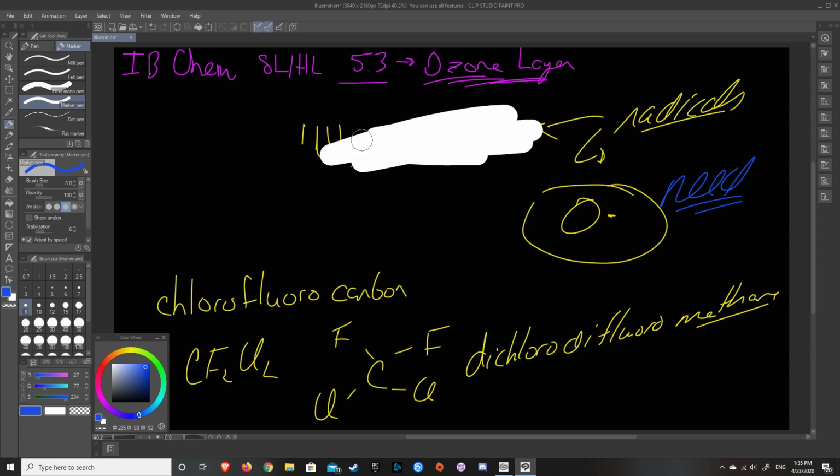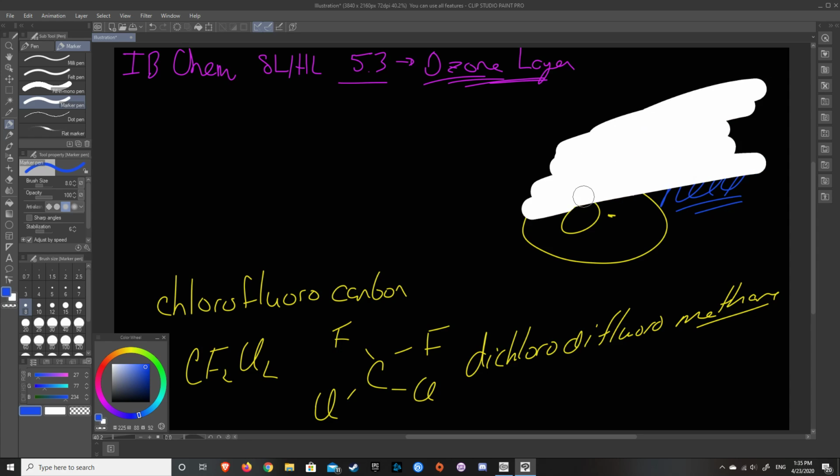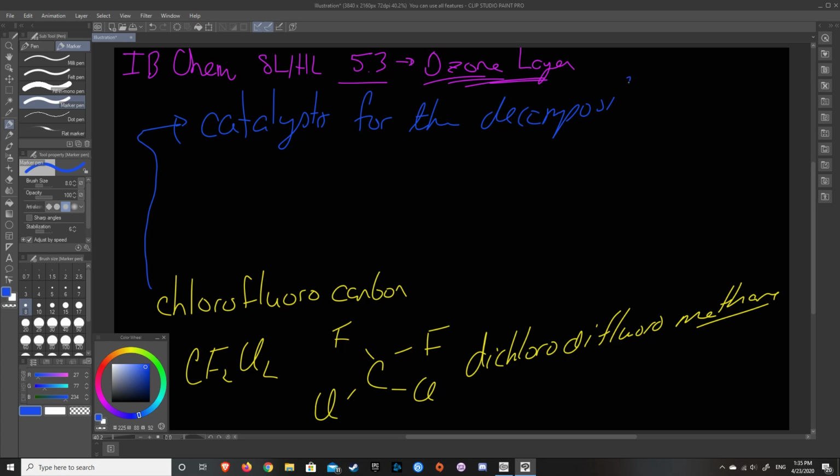So let's look at that. I have it saved on the other screen. We're going to look at the reaction cycle. But the important thing that I want you to know is that these chlorofluorocarbons act as catalysts for the decomposition of ozone.